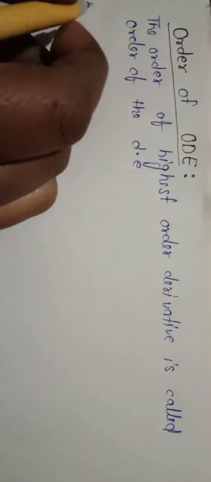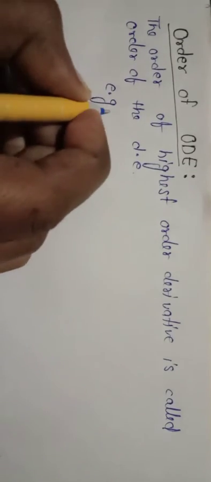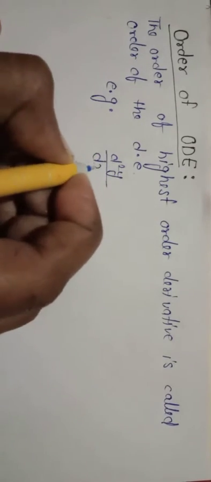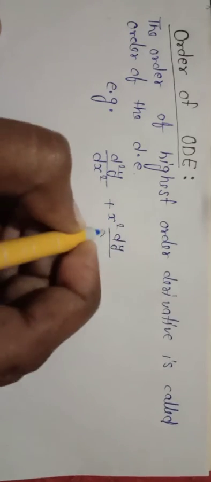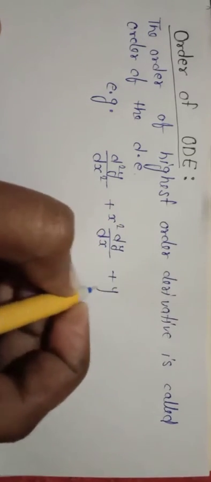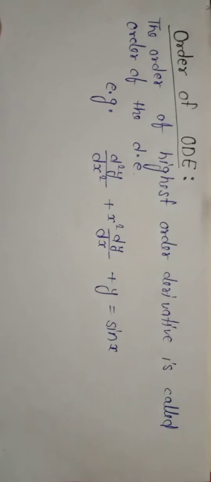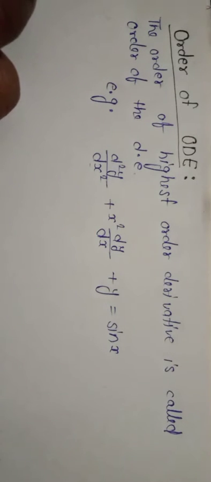What does it mean? I'll explain you by taking some examples. So, this is my first example. d2y by dx2 plus x square dy by dx plus y is equal to sin x. You can see this is an ordinary differential equation because here only one independent variable is involved, as I told you in my first lecture.